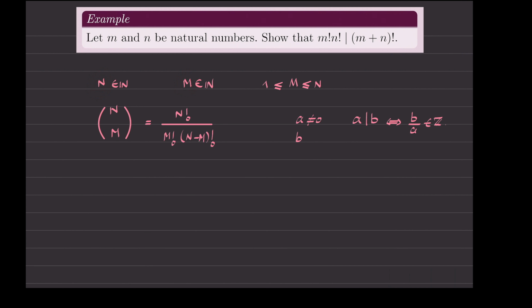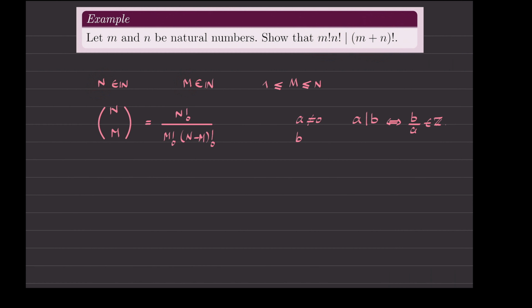Here, we know that this is not 0 because m factorial is not 0. The minimum value of m factorial is 1, so this is not 0, and that is also an integer. In other words, they are natural numbers in this case. I want to prove that this is valid, so I take this one and divide it by that one and claim that this fraction is an integer.